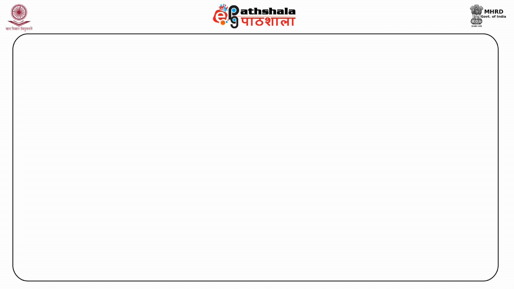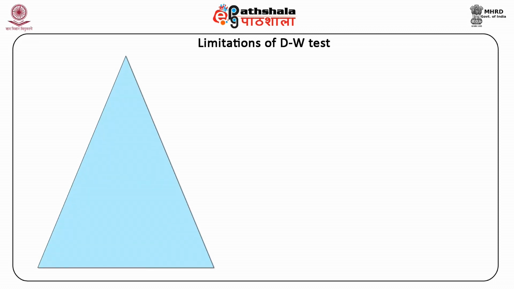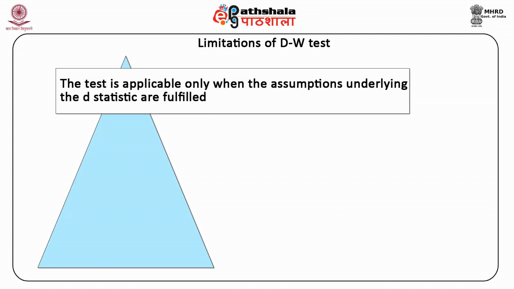Having learned the Durbin-Watson test, let us try to understand if there are any limitations of this test. There are some limitations. The first is that the test is applicable only when the assumptions underlying the d statistic are fulfilled.